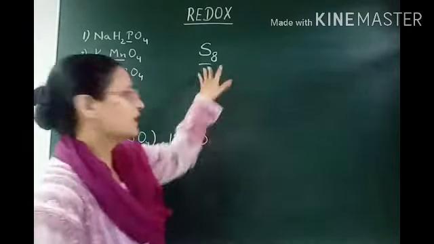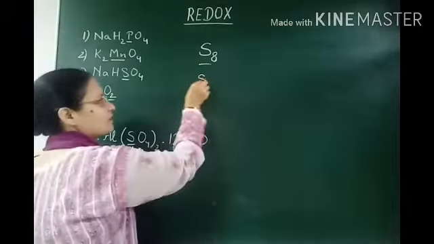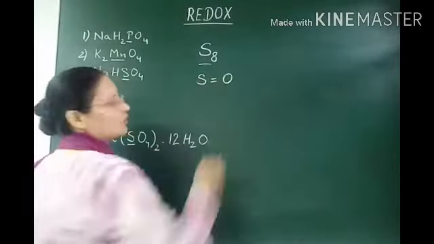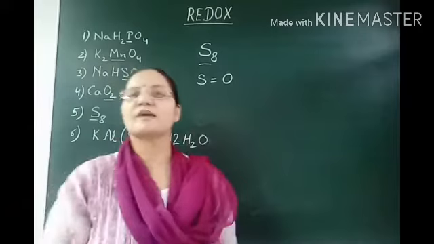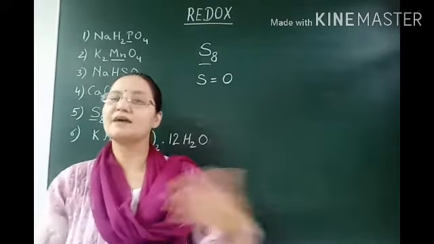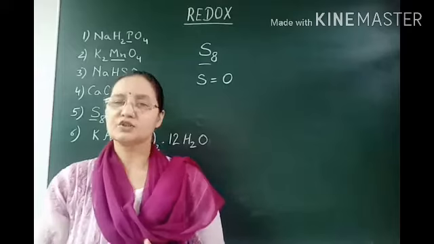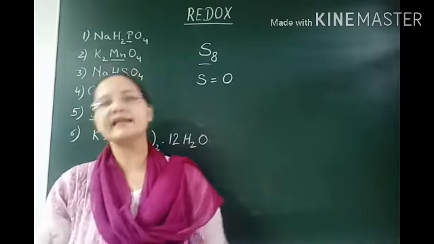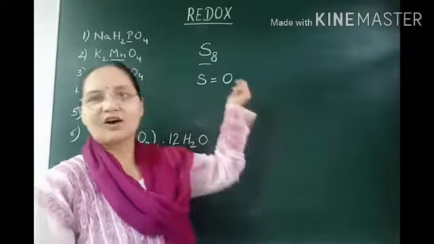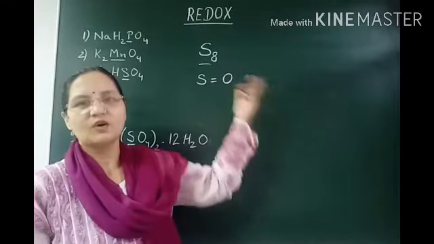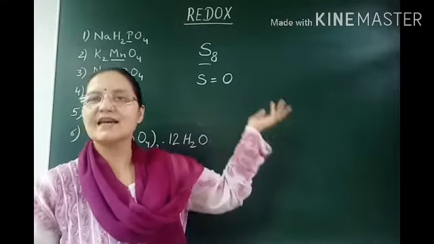So here in S8, the oxidation number of sulfur is 0 because it is not forming any covalent bond with some other element or with other electronegative elements. So it is not donating or gaining electrons. That's why the oxidation number is 0. No need to calculate such examples.